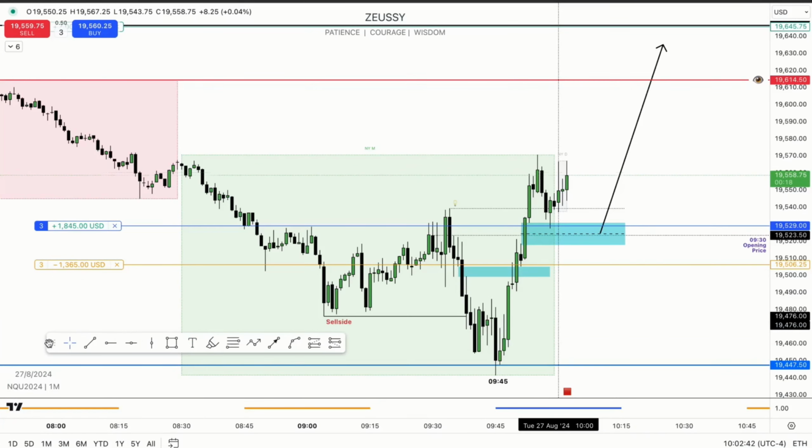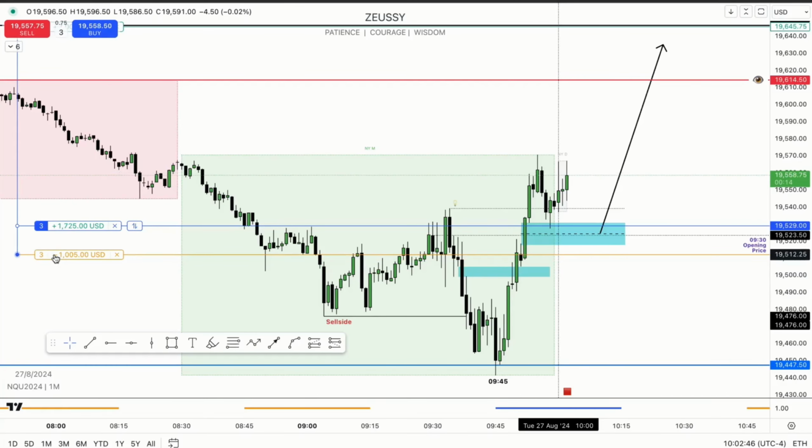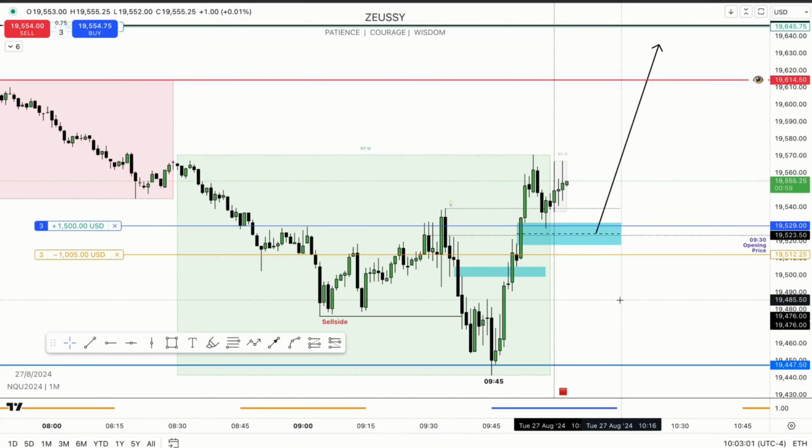So patiently waiting. Stop can be trailed at this stage. Market should not drop below that 1 minute BC. And let's see if Nasdaq will manage to catch up to ES.